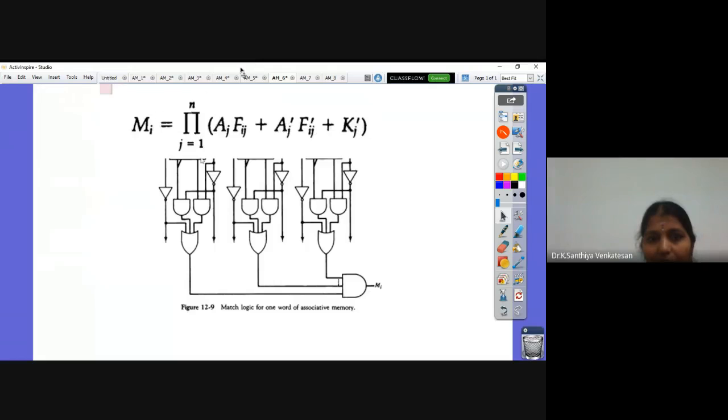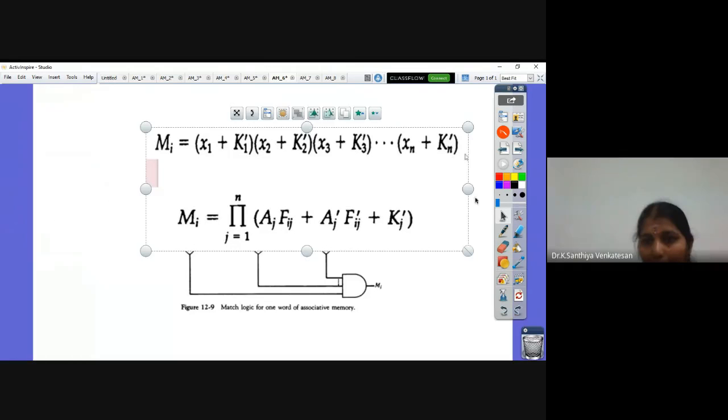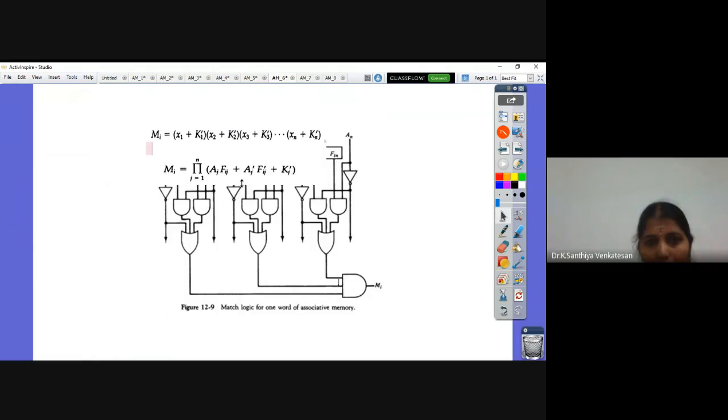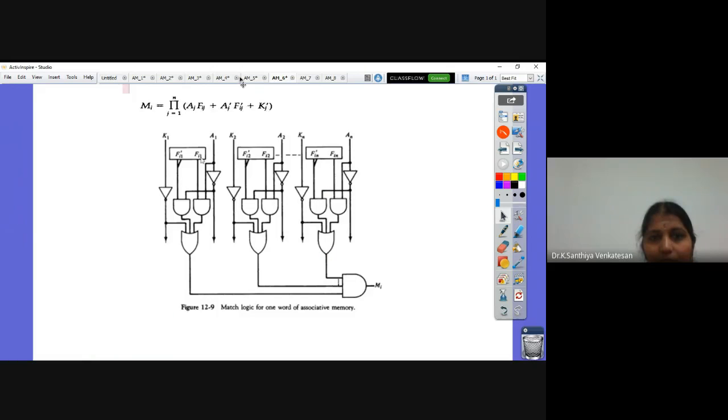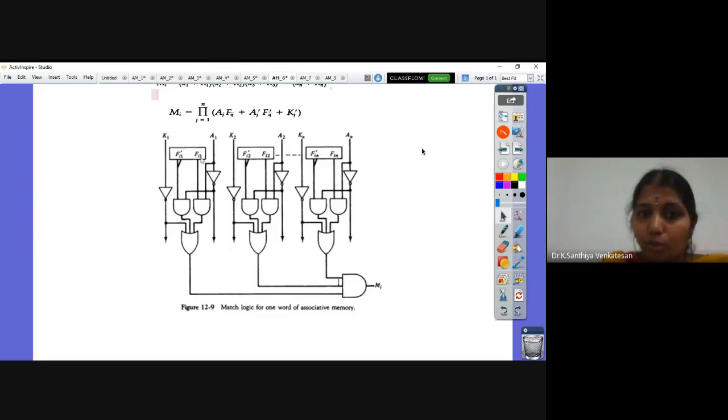So here I'll be having this M value also. Okay. So yeah, we'll have this here. Fine. So your Mi, now just to make you understand the circuit, I have given the formula over here itself.